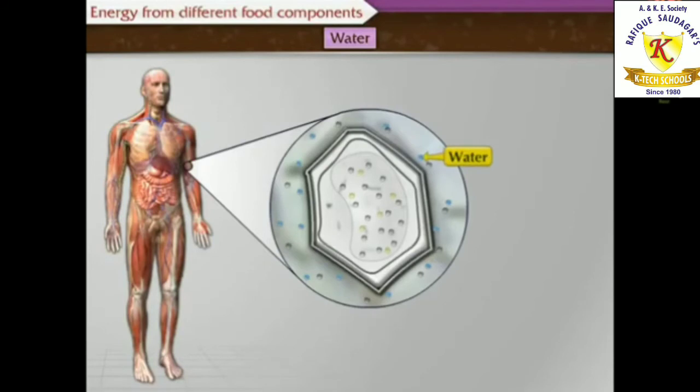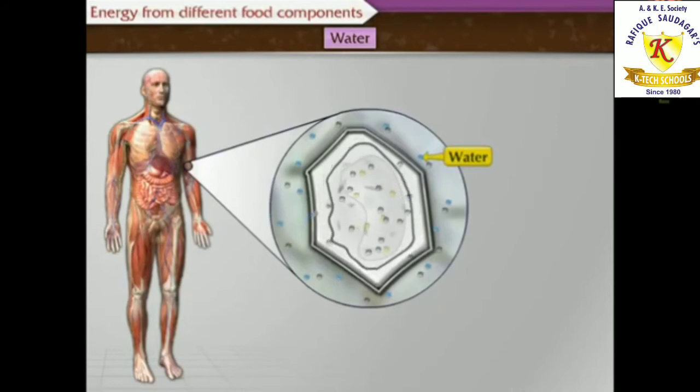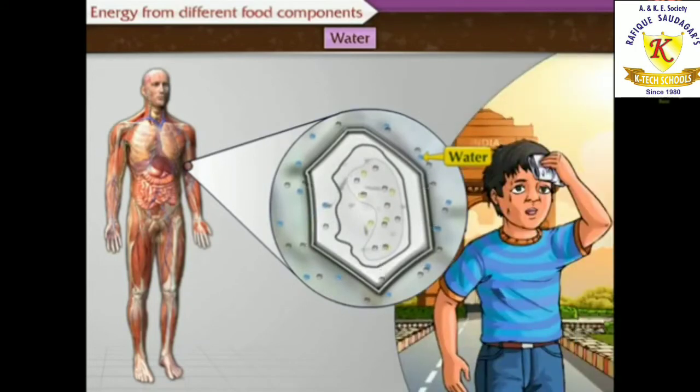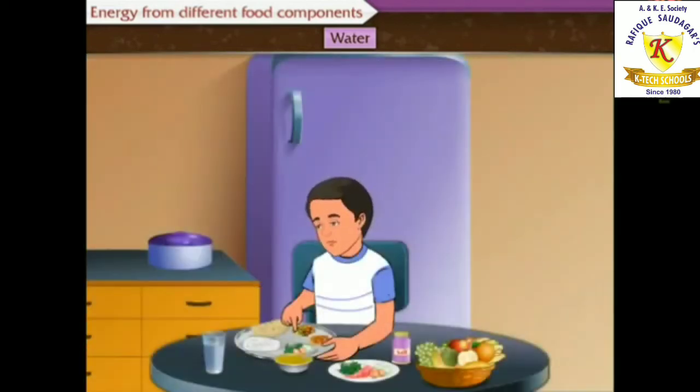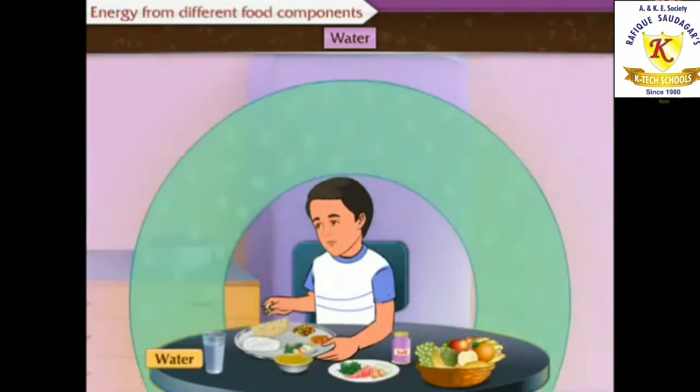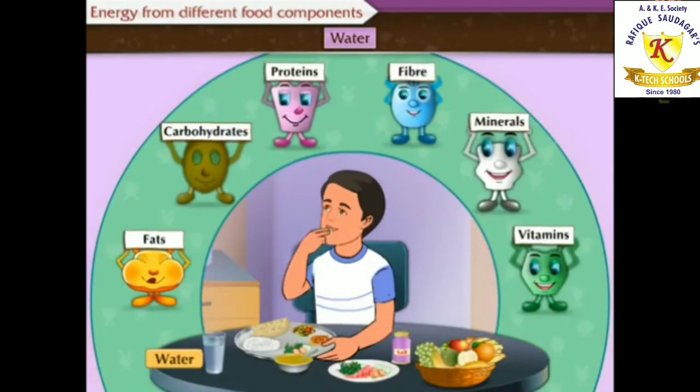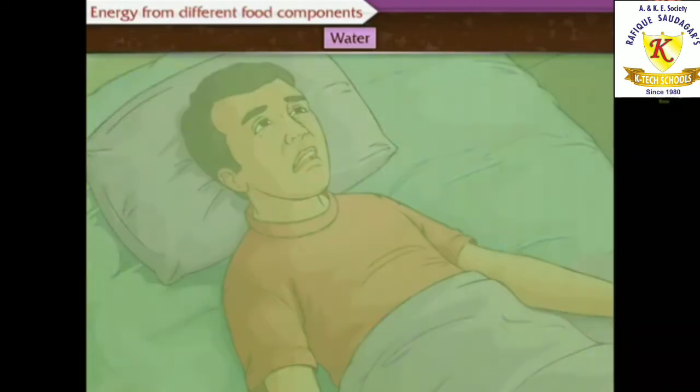Functioning of cells and thereby whole body gets disturbed even if there is a little loss of water from the body. That is why, children, we experience dryness in mouth whenever we are thirsty. We consume water and all the essential nutrients required for our body.